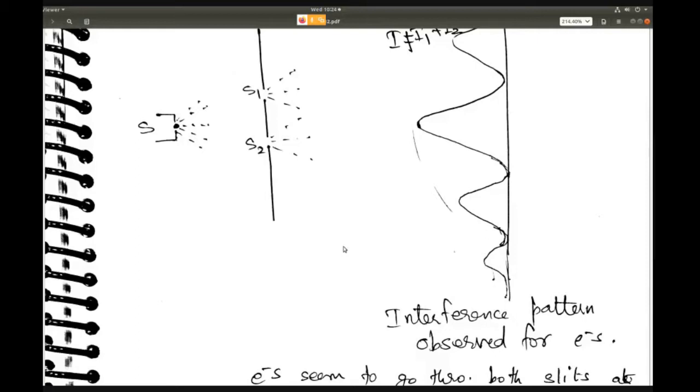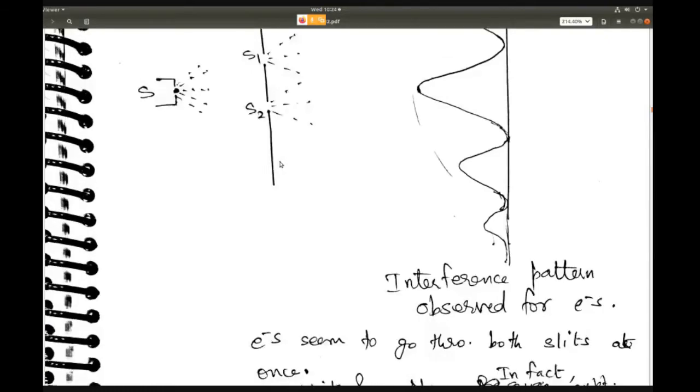The wave just splits into two waves. And then the two waves destructively or constructively interfere with each other. So using that same logic, we can say, okay, is the electron actually splitting into two? And if it is splitting into two, then is it constructively and destructively interfering with each other?